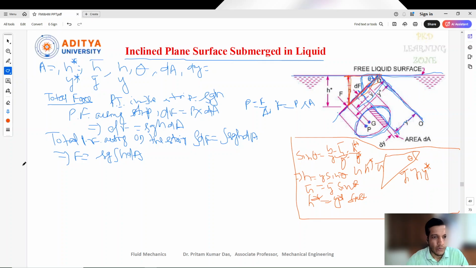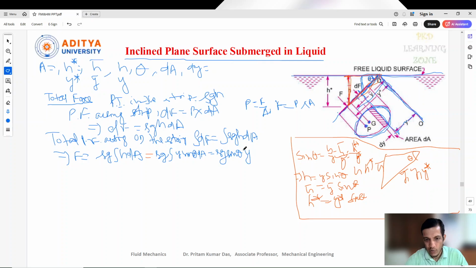Now here we have h dA, so I can put h as y sine theta. So rho g integration of y sine theta in place of h. Now we can take sine theta outside, so we can write rho g sine theta integration of y dA.